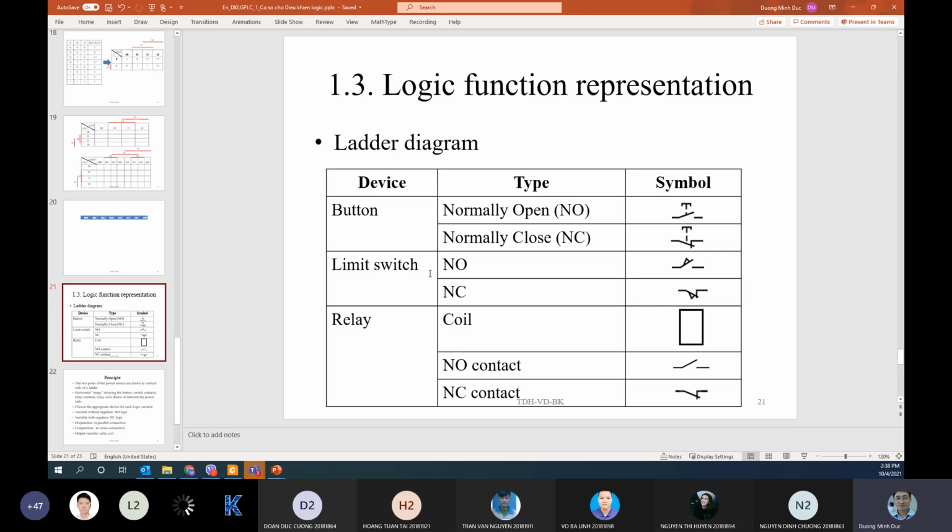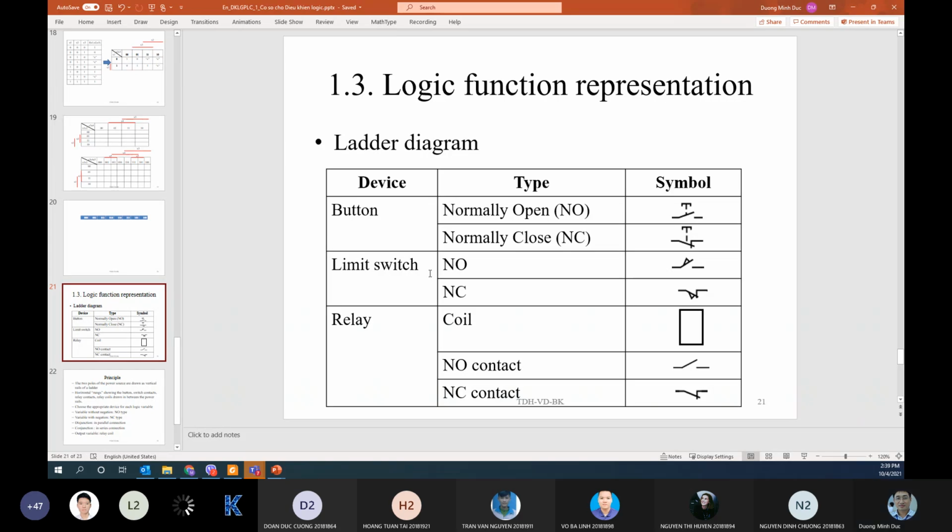So what is the difference between a button and a limit switch? Actually, it's the same. It's also a separation between two electrodes, and some action changes the state from closed to open or from open to closed. But the button is an action from the human, from the operator, and the limit switch is actuated by the machine or by the environment, not the human.